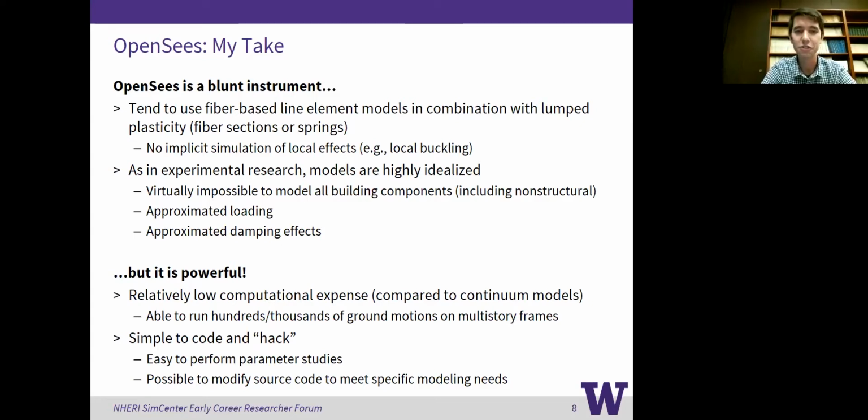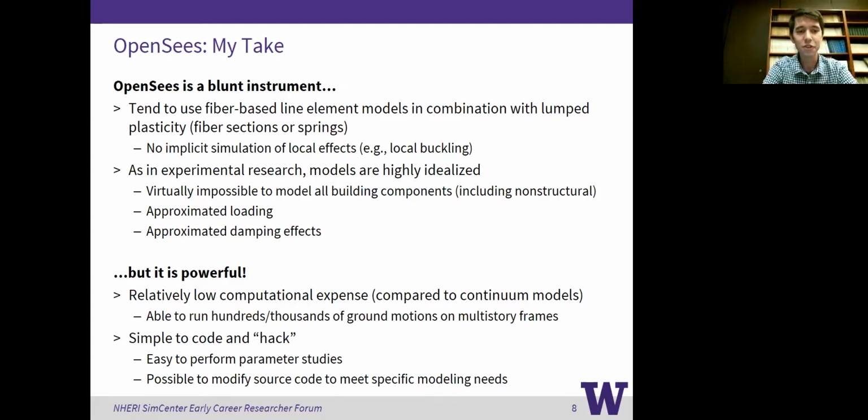You might see continuum models from Abaqus or ANSYS or LS-DYNA, something of that nature, but because of the low computational expense when we're doing these line element models, we're really able to run hundreds or thousands of ground motions with multi-story frames and really get an understanding of the dynamic effects of the full systems.